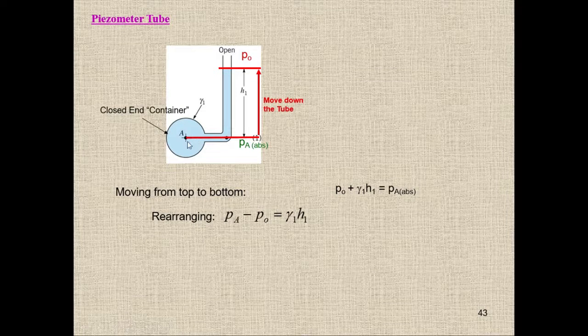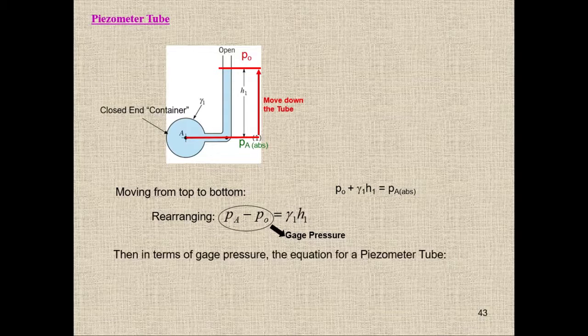Now, this PA is the absolute pressure minus P naught, which is the atmospheric pressure, and this will be equal to the gauge pressure. So the gauge pressure PA gauge will be equal to gamma H. So the pressure at point A is simply equal to rho gh or gamma H. And if you know the atmospheric pressure, then you can simply add it to get the absolute pressure.